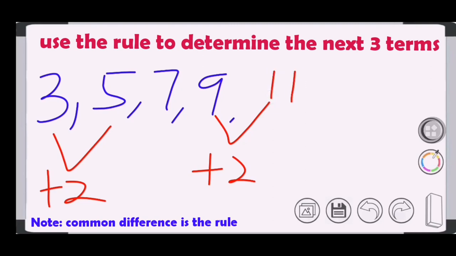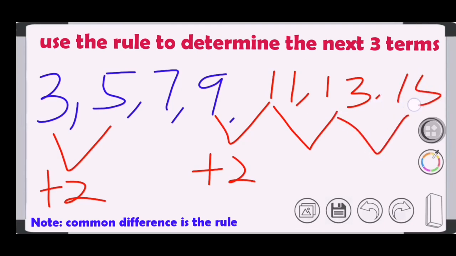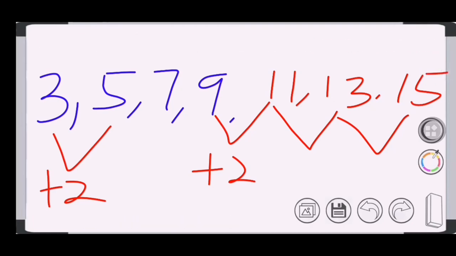We have 1 now. The same way, plus 2 will be 13. Put a comma in between. Then the last one, same, plus 2. 13 plus 2 will be 15. So that is how you complete the pattern. You were asked to write the next 3 terms, so you have 11, 13, 15. Got it? Great.